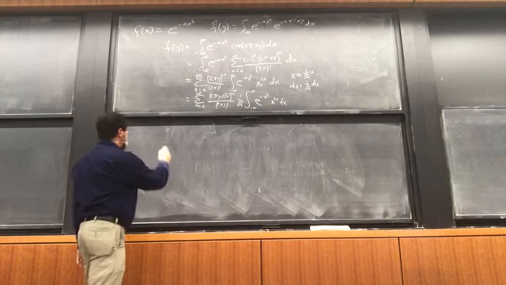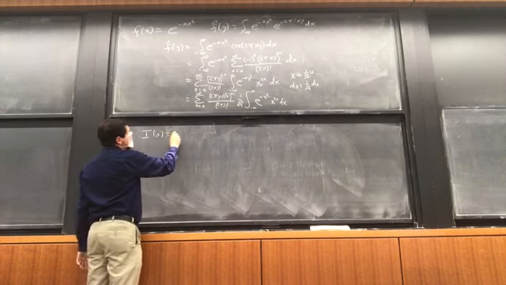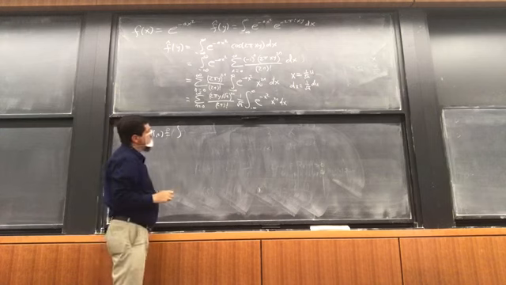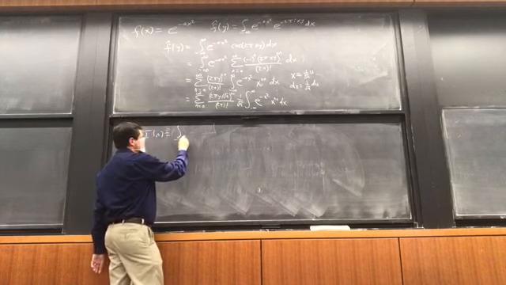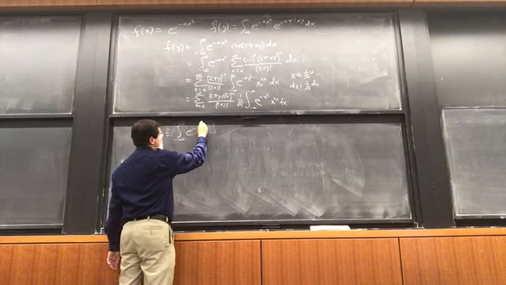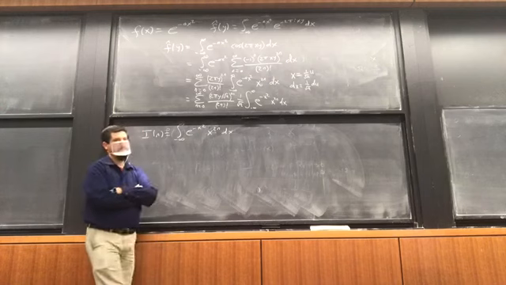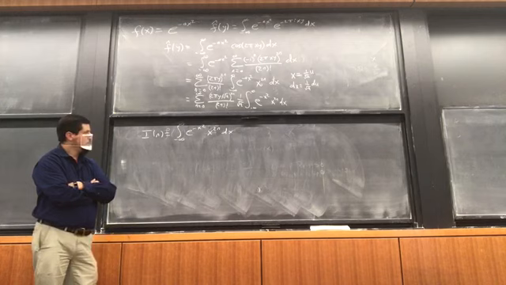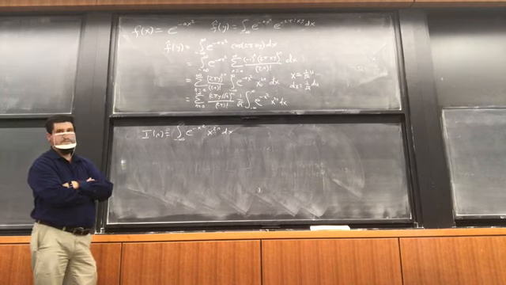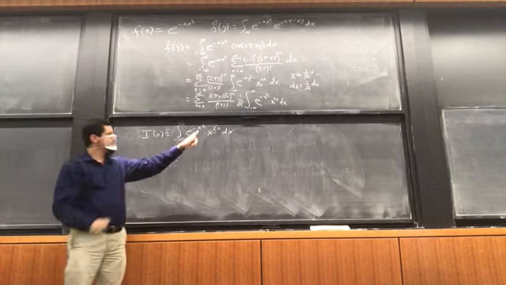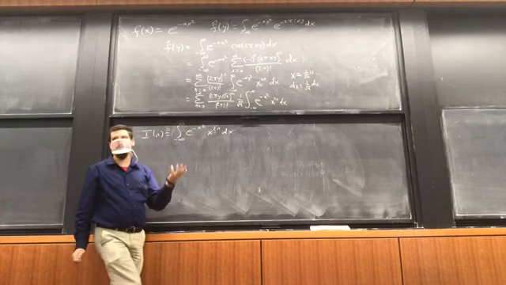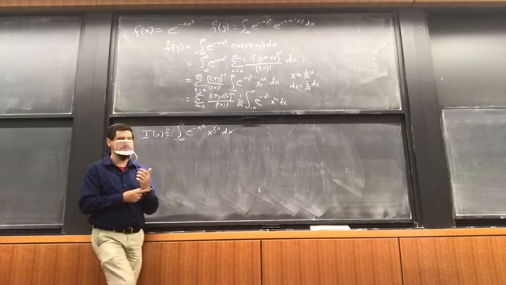If you let I of n be the integral from minus infinity to infinity of e to the minus x squared x to the 2n dx. It's actually interesting that it might have been better not to send it to 1 over square root of a times u, but maybe to have a factor of 1/2 over here. It's not going to make a huge difference. It's just where we do the algebra bookkeeping.